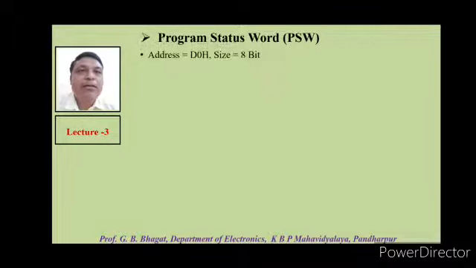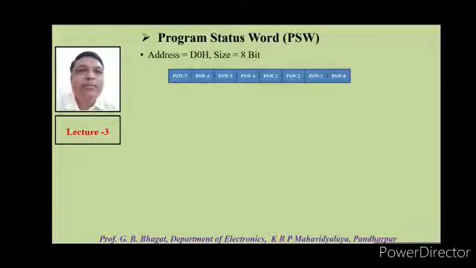This PSW has the address of D0H and the size of the PSW is 8 bit. Let us see the structure of PSW, program status word. This PSW consists of total 8 bits. Let us see each bit one by one. First, the MSB of this PSW is used for carry flag.